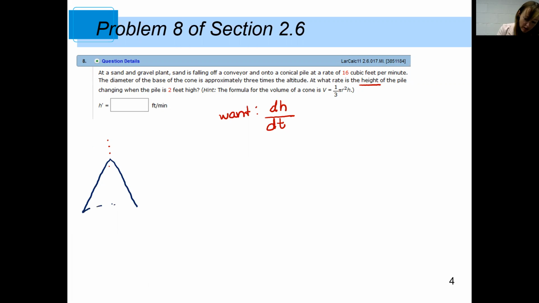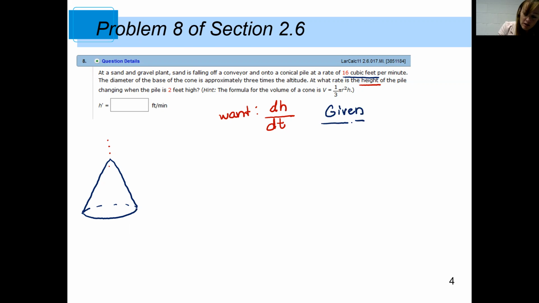In reality, it probably wouldn't fall into a perfect cone pile, but for the sake of this problem, it is. Okay, so we have a conical pile and it's falling off the conveyor belt at a rate of 16 cubic feet per minute.